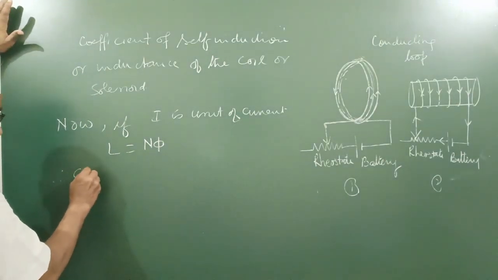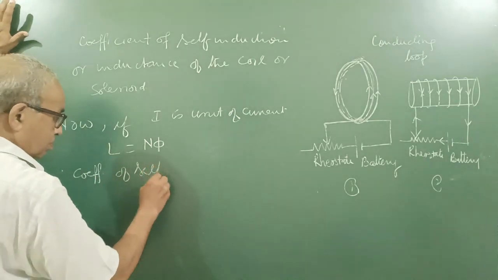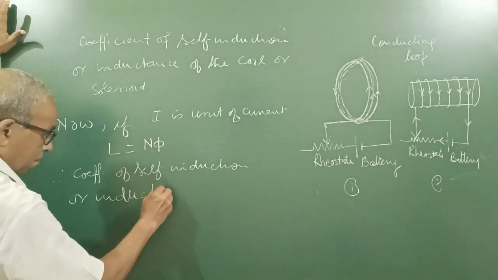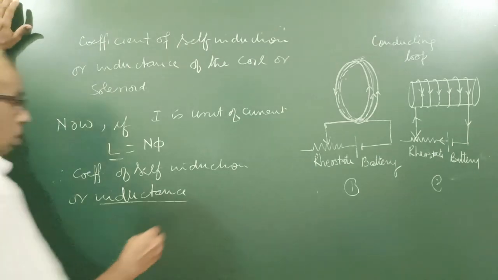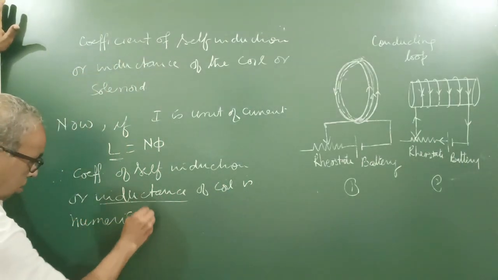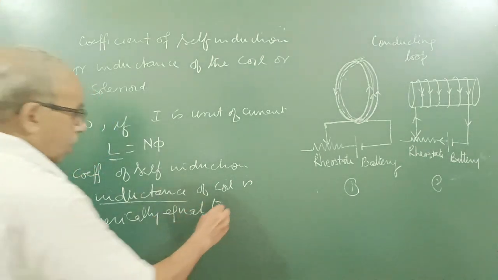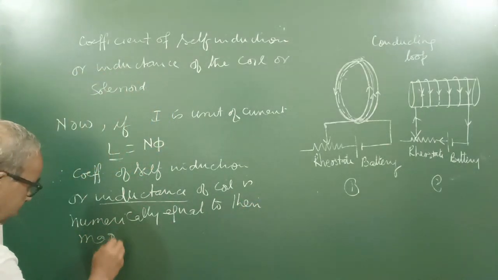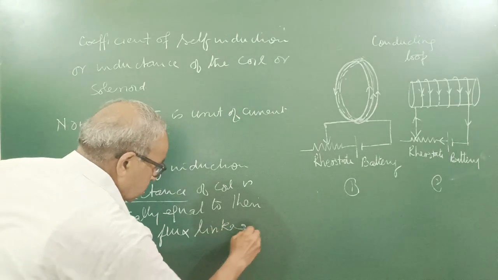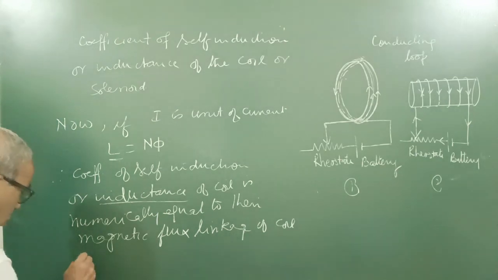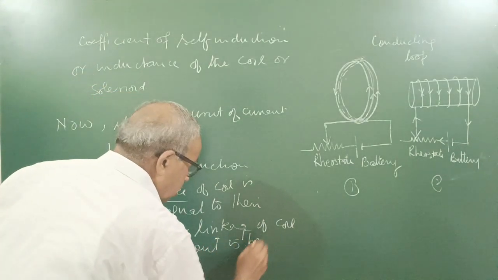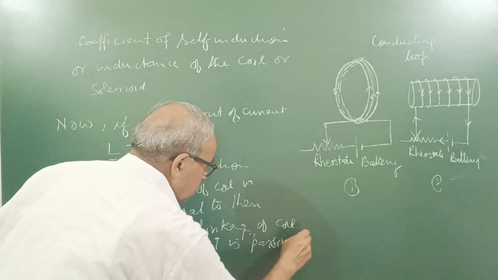Therefore, the coefficient of self-induction or inductance L, also called inductance of the coil, is numerically equal to the magnetic flux linkage of the coil or solenoid when unit current is passing through it.